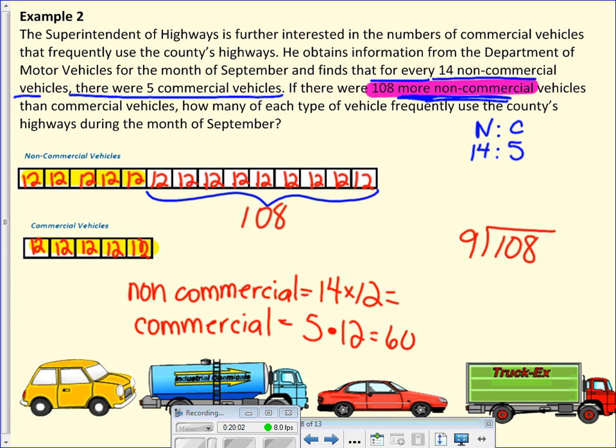I know off the top of my head that's 60. And 14 times 12. Alright, try the 1. Go look at the cheat sheet because we're running out of time. And the answer is 168. And that is our answer. 168 non-commercial and 60 commercial.